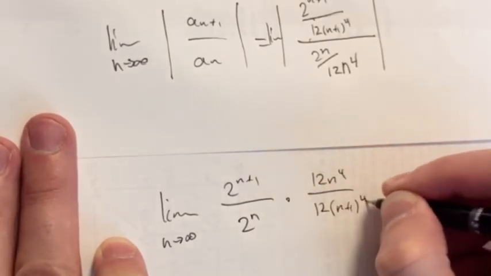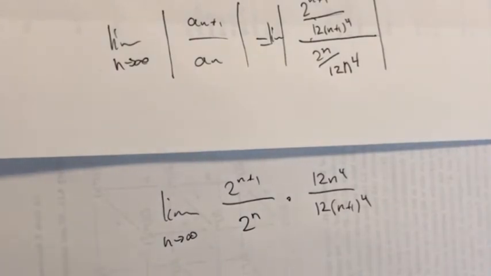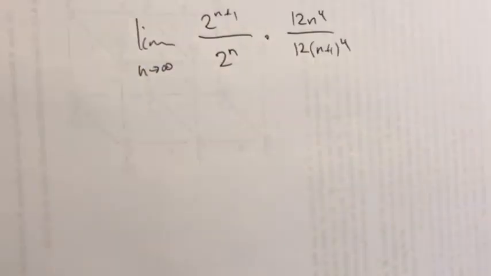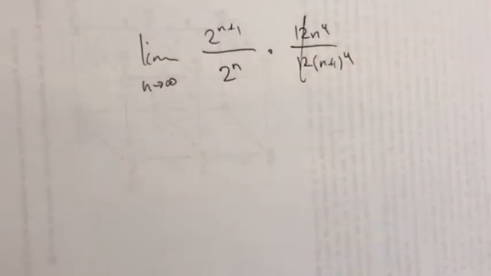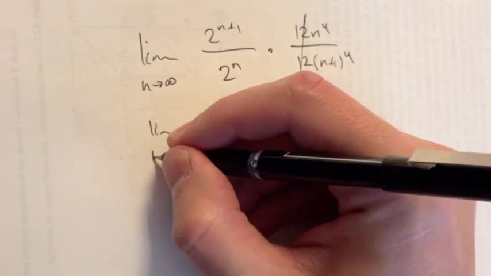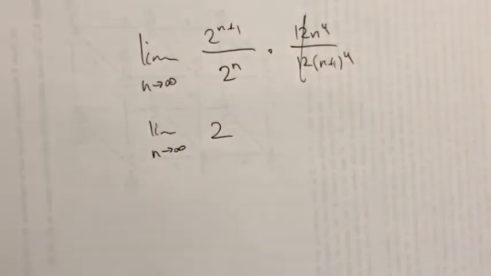Once you simplify stuff, it ends up looking like that, rearranging the fractions properly. Then I can cancel the 12s, and the 2 to the n's will cancel out. I have an extra 2 on top, and so that part becomes just 2, all right?